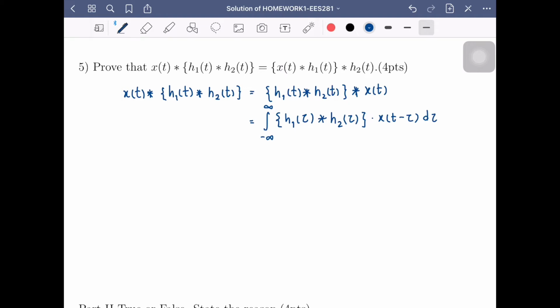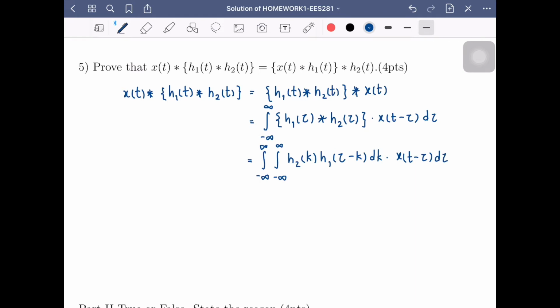And then we apply the definition for h1 and h2, which gives the integral from minus infinity to infinity and the integral from minus infinity to infinity of h2(k), let's call it k, and h1(tau minus k) dk times x(t minus tau) d tau.